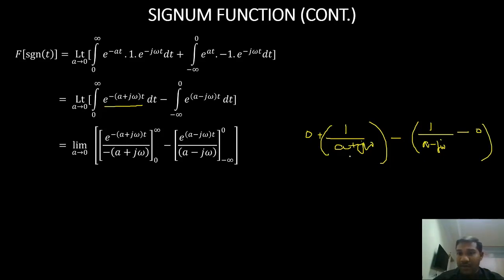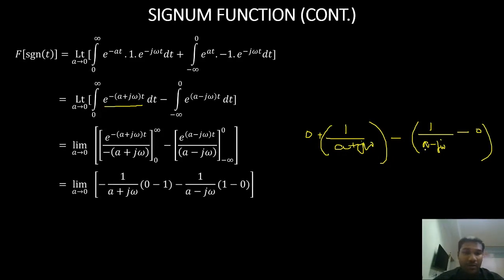So what do we have here? We have 1 by a plus j omega minus 1 by a minus j omega. Now let me substitute my limit a tends to 0 here. So in place of a, I am just going to put 0. So a goes away.